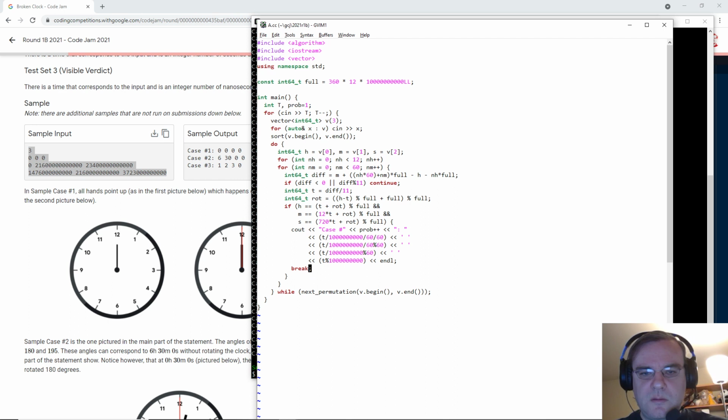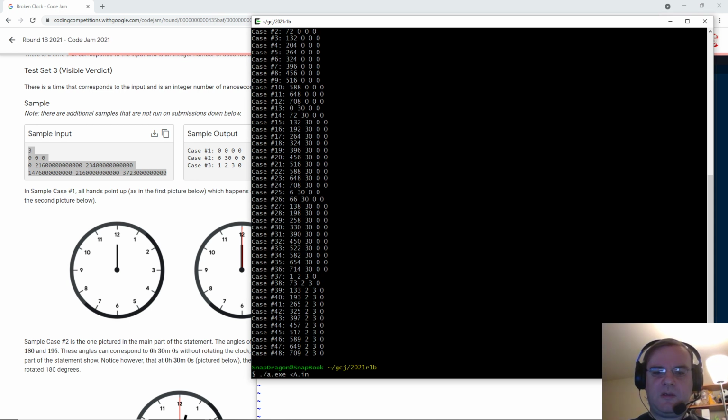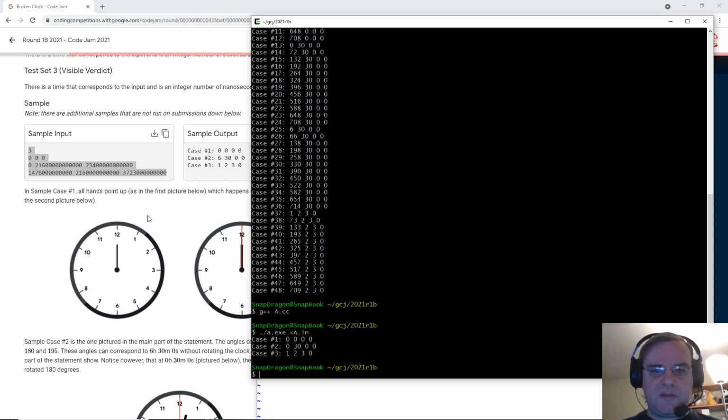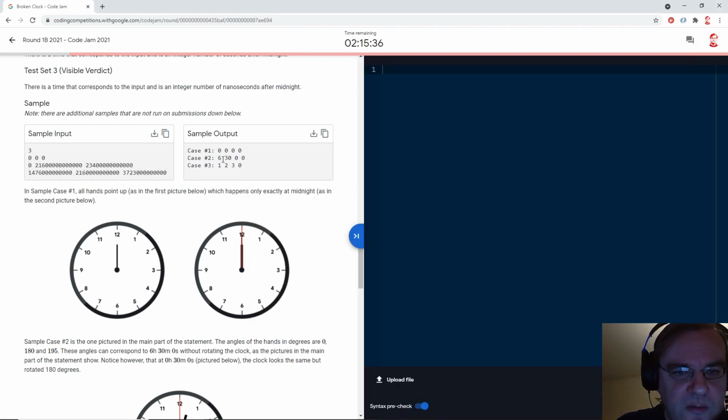Oh, I forgot to. Yeah. Have to break out of multiple loops, which C++ does not make easy, unfortunately. All right, 0, 0, 0, 0, 0, 0, nope, 30, 0, 0, 1, 2, 3, 0. Oh, actually, maybe this actually is a valid solution for it.